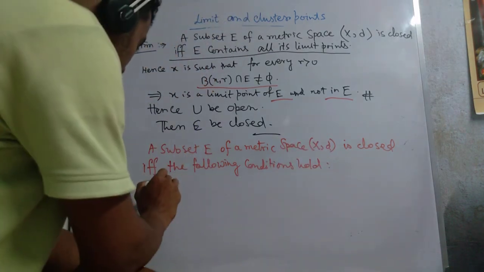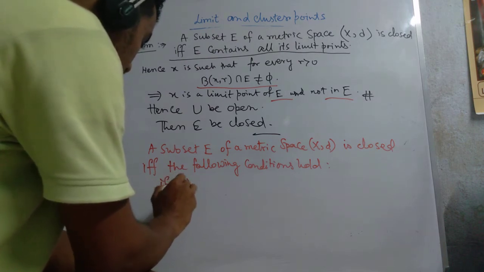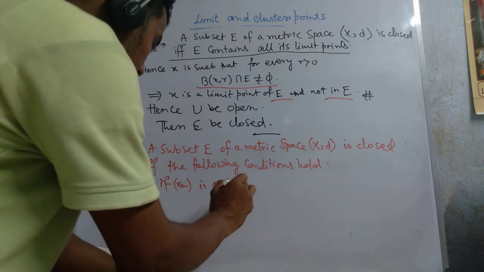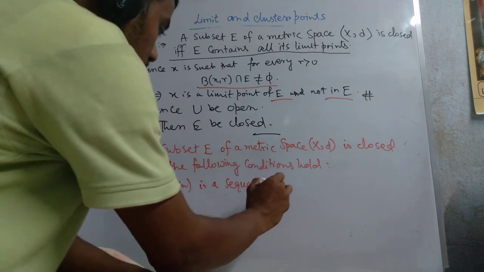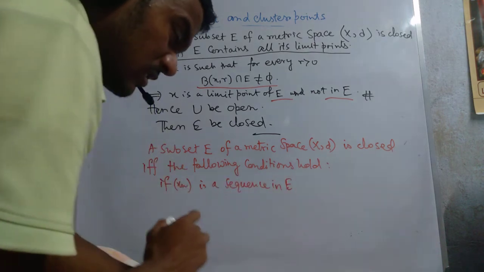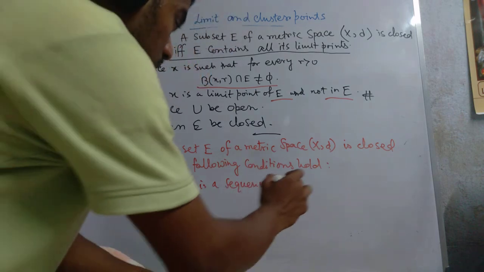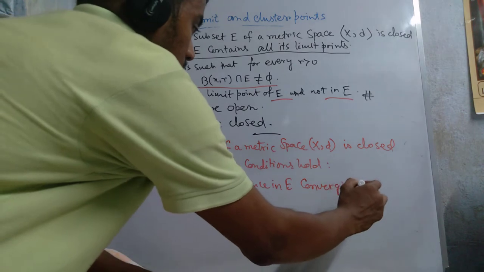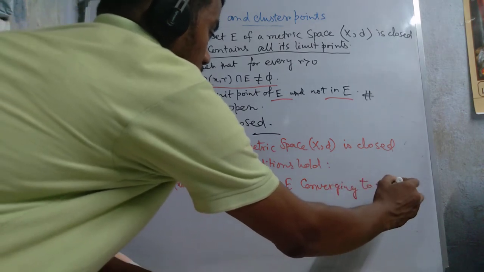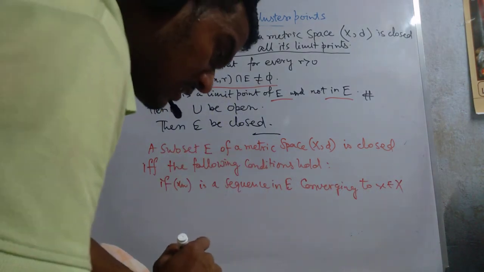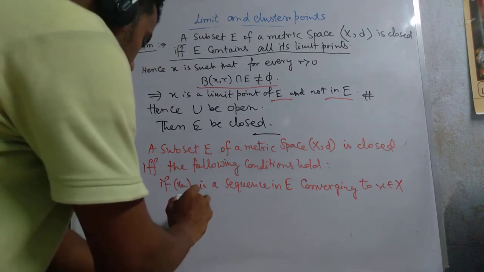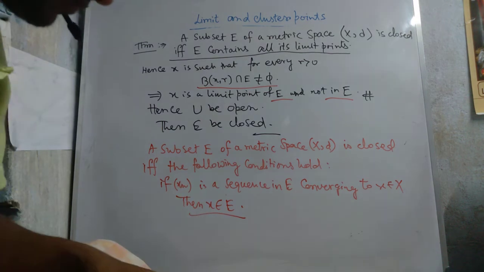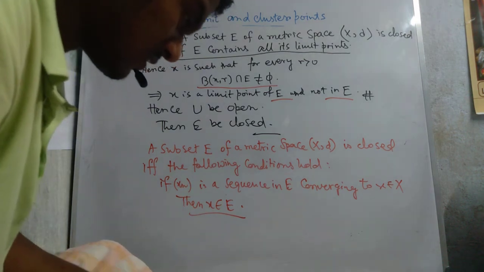What is this condition? If x_n is a sequence in E converging to x belonging to X, then x belongs to E.